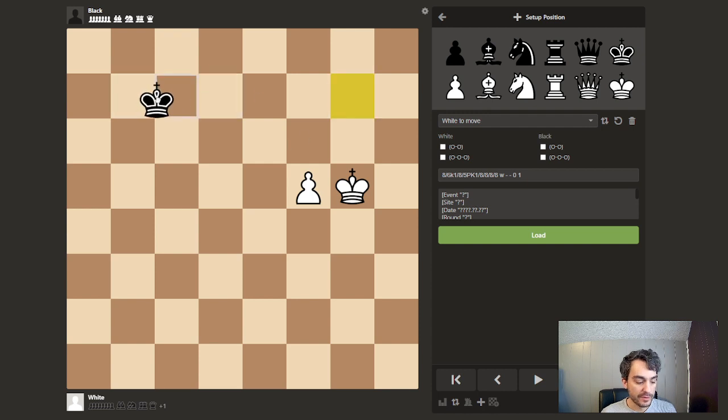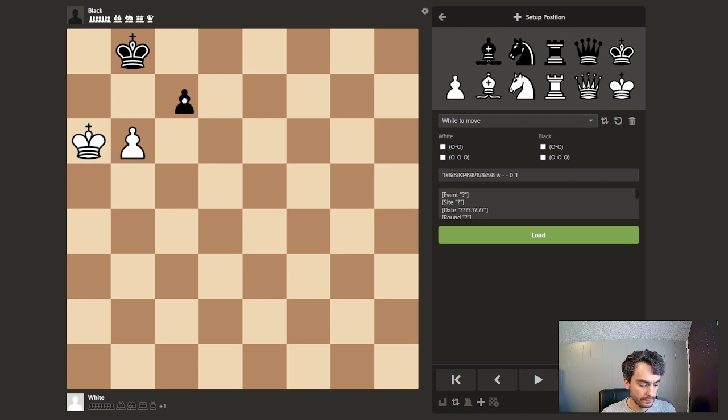Alright, so let's do another one with the revision exam. Let's do number 3 here, number 15 overall. Okay, so this is a white to move problem, and this is kind of tricky at first glance, because we don't want to do something like this and let his king over.